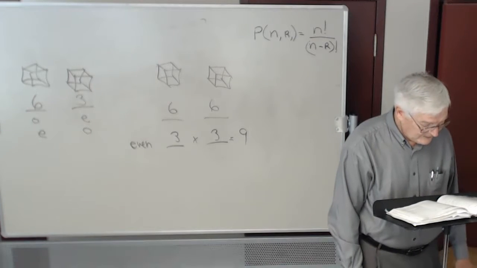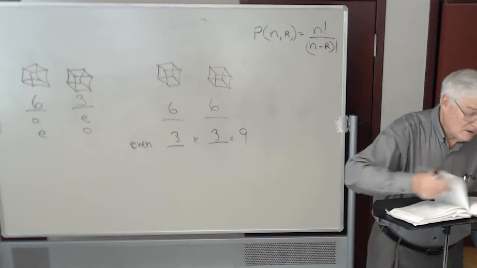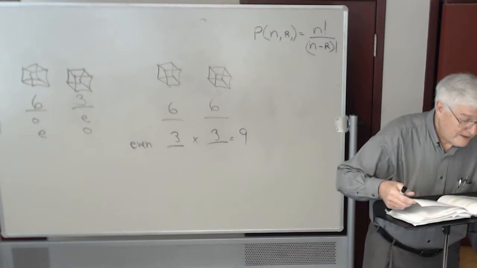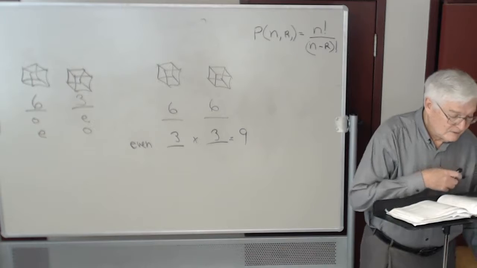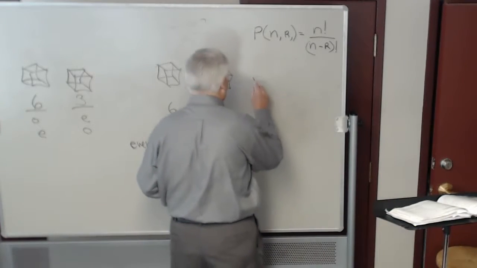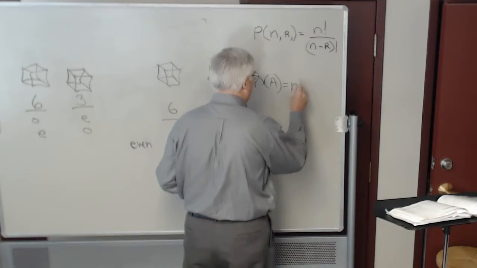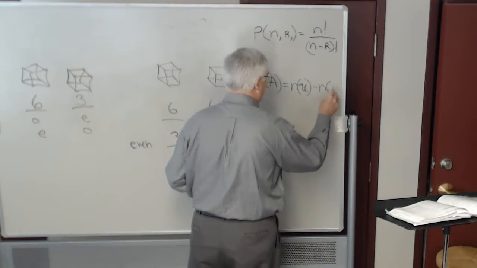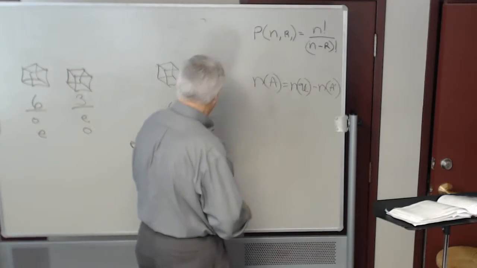The complementary counting principle. Did you read that on page 684? The number of units in A is the number of units in the universe minus the number of units in the complement of A. Whatever that means.